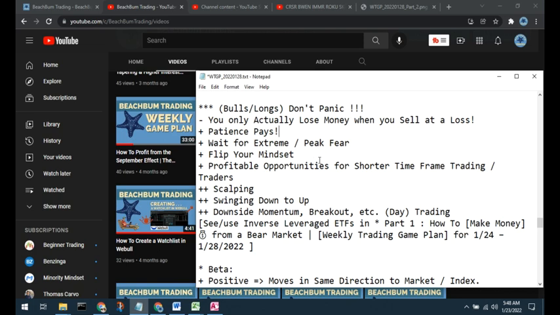So how do we make money? Essentially, we need to flip our mindset. Instead of looking for longs where we're bottoming and turning up, we want to flip our mindset and ask how we can make money as things peak. We're going to see some rebound rallies, and they're probably short term, but then things are going to trend down.